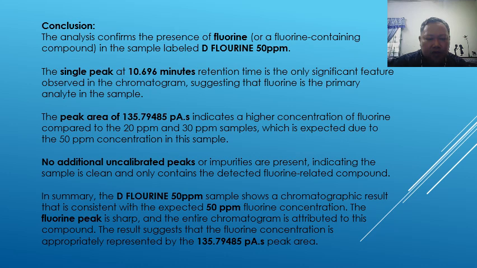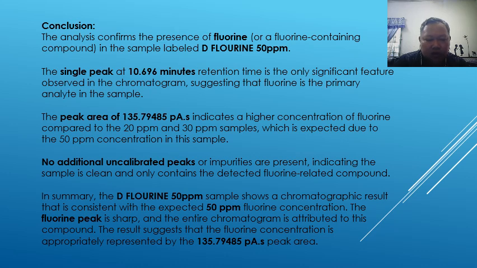The peak area of 135.79485 pA indicates a higher concentration of fluorine compared to the 20 ppm and 30 ppm samples, which is expected due to the 50 ppm concentration in the sample.